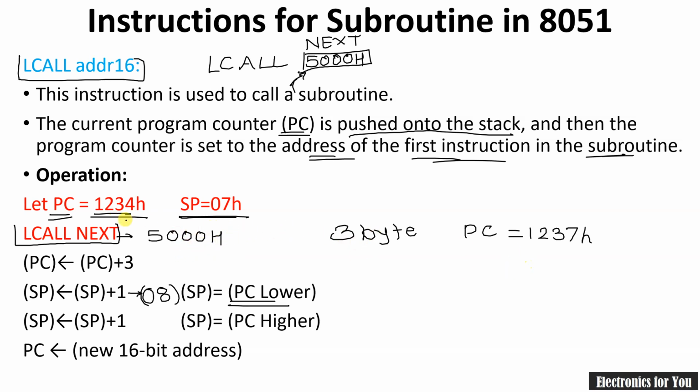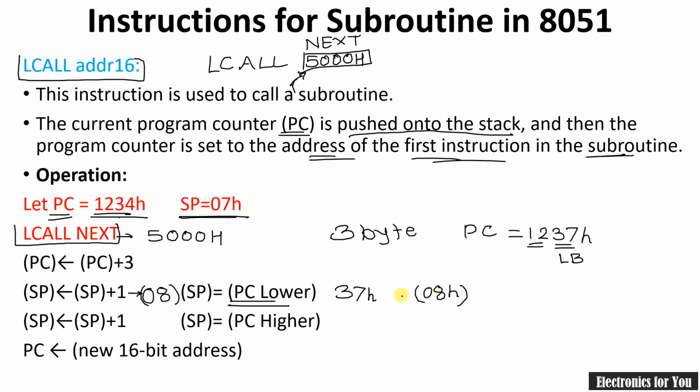The value of PC is 1237H, so here this is our lower byte. PC lower is nothing but 37H. Again the stack pointer will increase, and this 37H is stored at 08H.